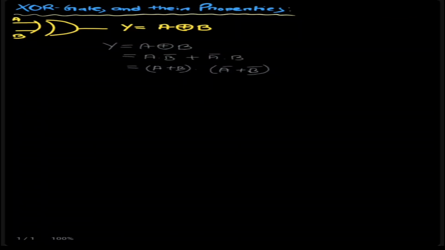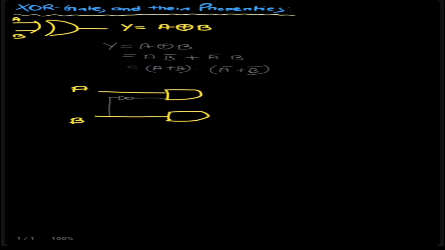So we just need two AND gates, and they will have two inputs. Starting with that, it's namely A and this is B. Now for the second one I will use one NOT gate. This will act as the B complement. Now for the second one we will take A complement.